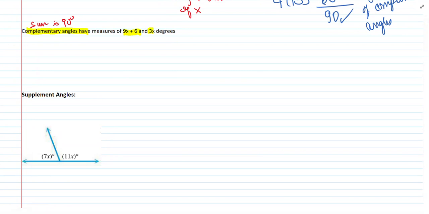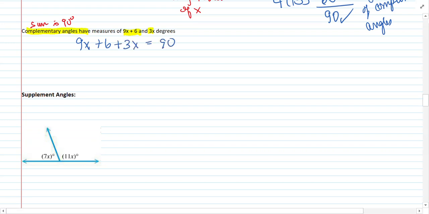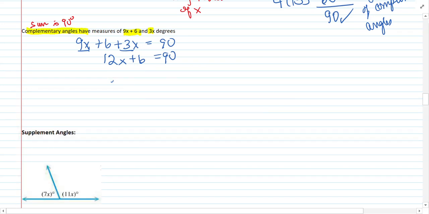So now I'm going to say 9x plus 6 plus that 3x must equal 90 degrees. I'm going to combine like terms, which are these guys. 12x plus 6 equals the 90 degrees. Sorry, made a little room.